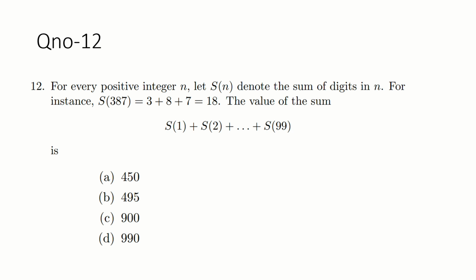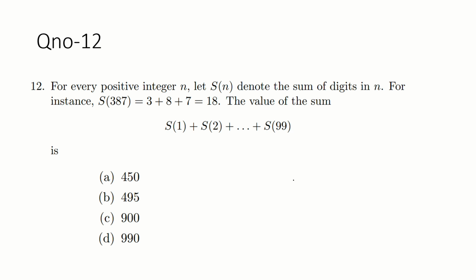For every positive integer n, let Sn denote the sum of digits in n. So guys, for every positive integer n, Sn denotes the sum of the digits in n. Okay, that's fine. For instance, S387 equals 3 plus 8 plus 7.